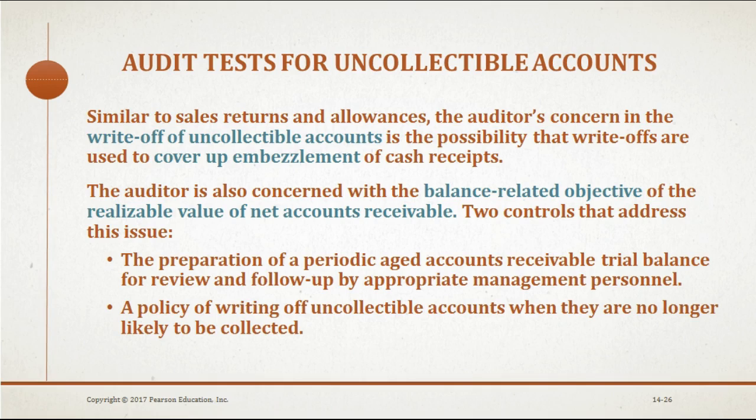The auditor is also concerned with the balance-related objective of the realizable value of the net accounts receivable. Two controls that address this issue are the preparation of a periodic aged accounts receivable trial balance for review and follow-up by appropriate management personnel, as well as a policy of writing off uncollectible accounts when they are no longer likely to be collected.